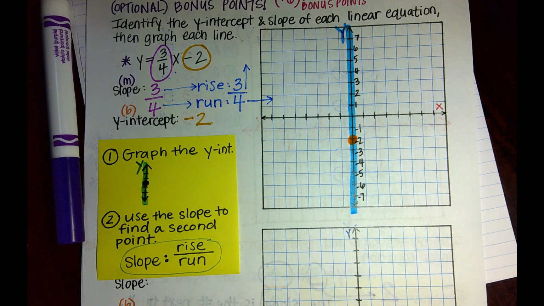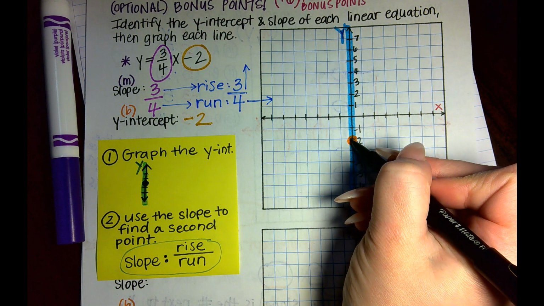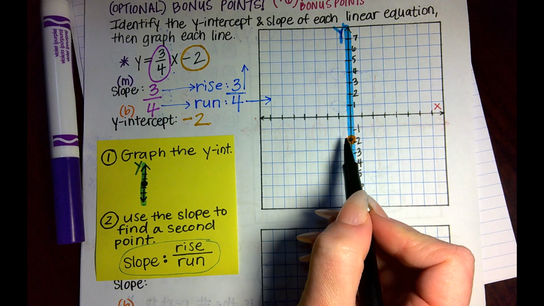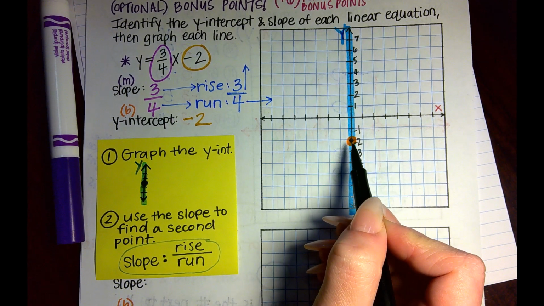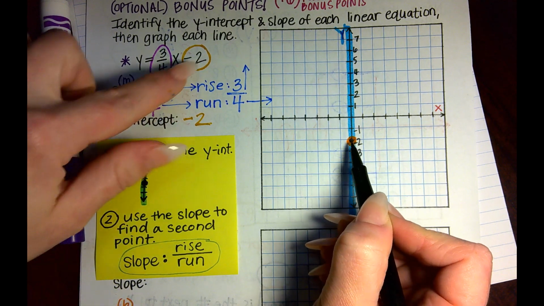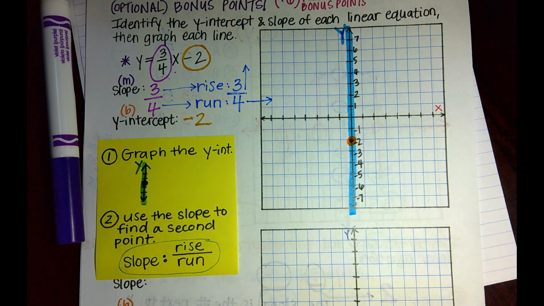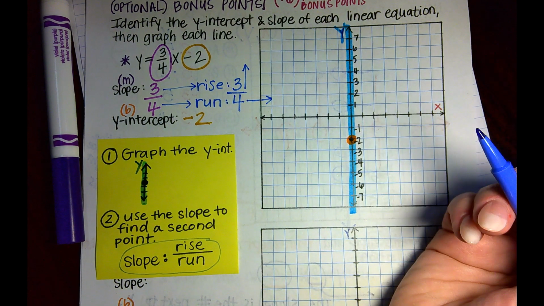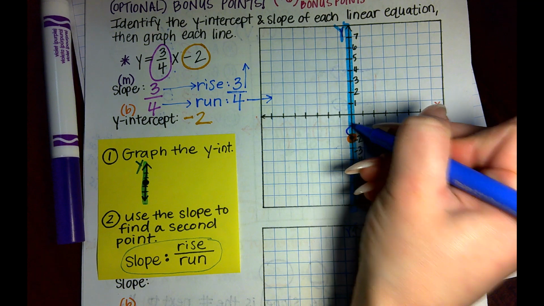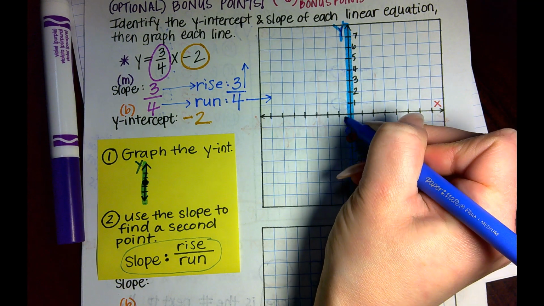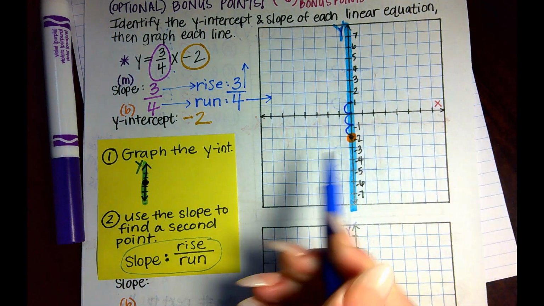So, here's what we do. From the first point that I put right here, first I'm going to use my rise. My rise is 3. So, I'm going to rise up 3 spaces. I'll go up 1, 2, 3.